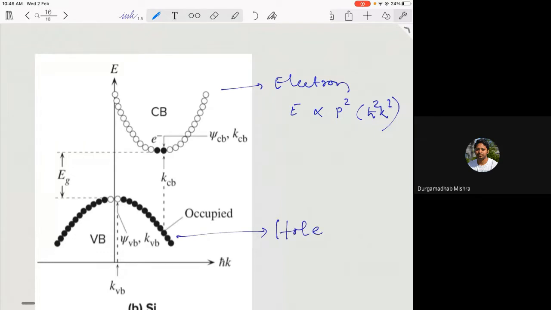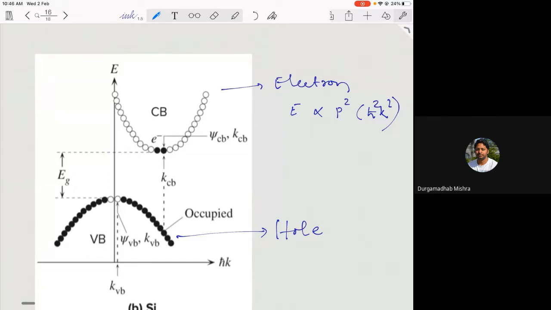Okay, although we are calling it a valence band, it is like an inverted or mirror image of the behavior in the conduction band. The hole behaves exactly opposite to the electron, and therefore what we are plotting here is the energy band of the hole.